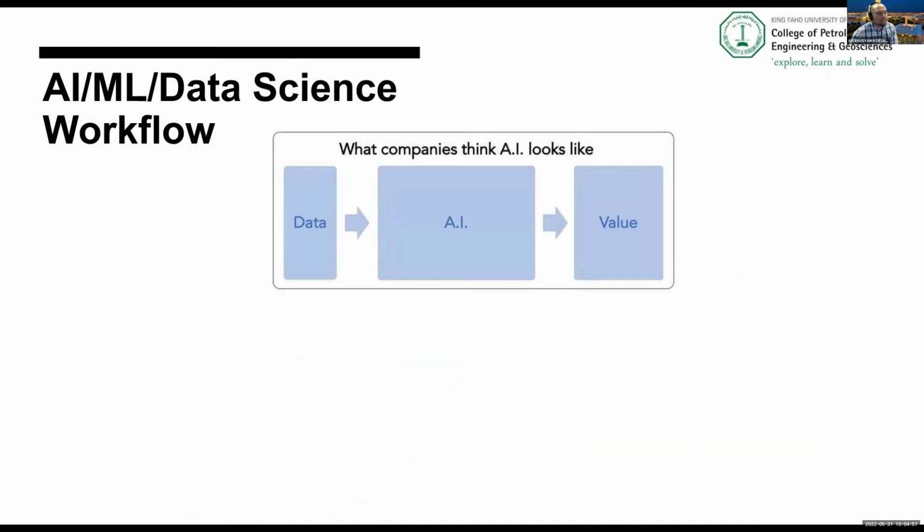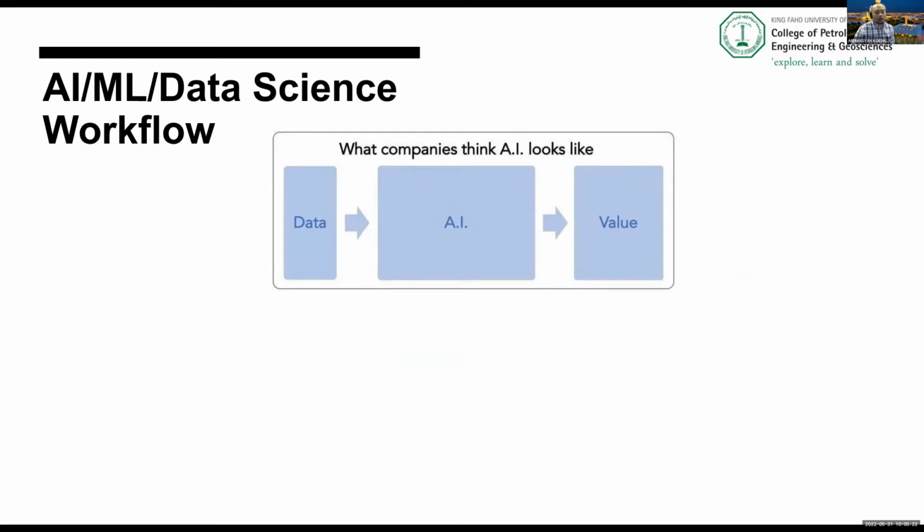I would like to bring this to your attention because when you talk about general people, especially big companies, this is what they typically think about when you mention AI, right? They will say that yes, you have data and put it into this black box, which is AI, and then you get the value, right?